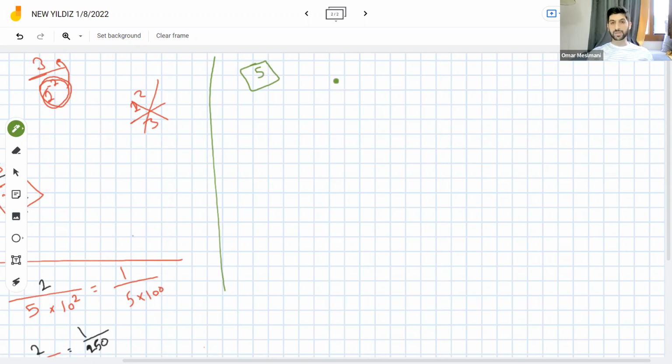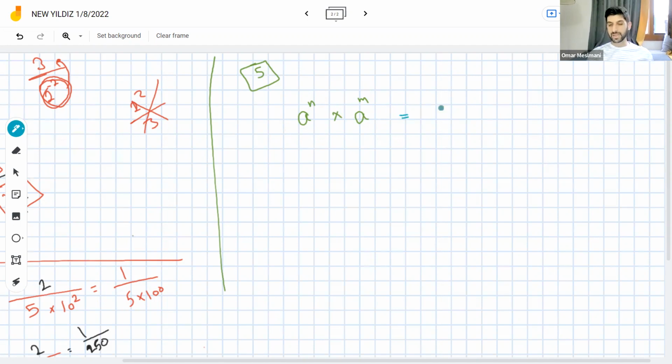Once you have a to the power of n, and you are multiplying by a to the power of m, look what I have: an exponent multiplied by another exponent. What is the answer?